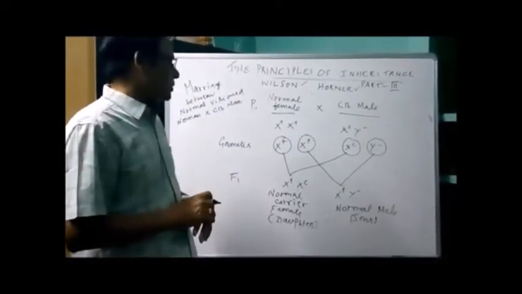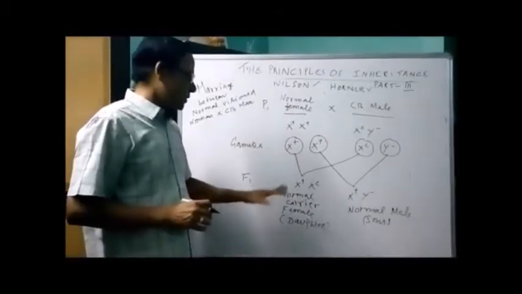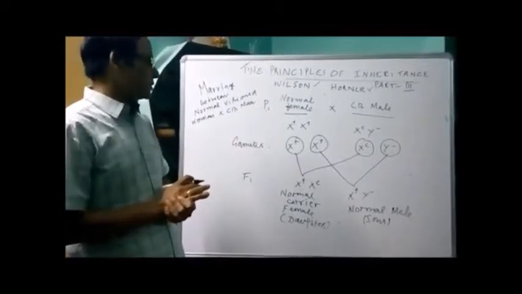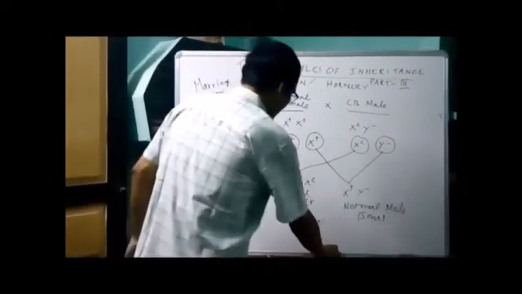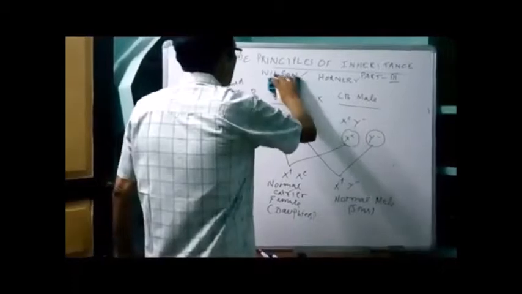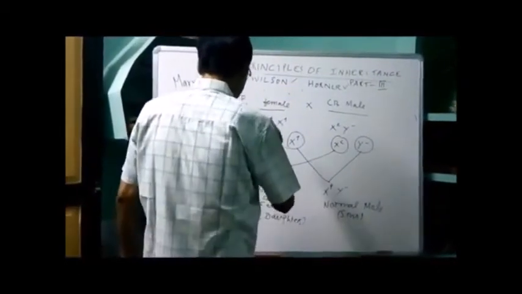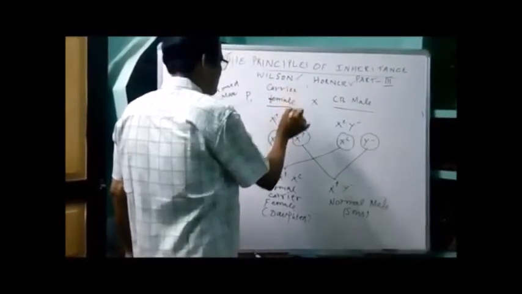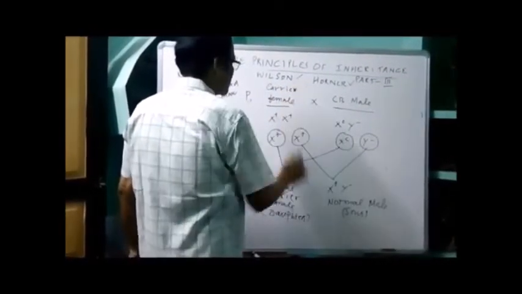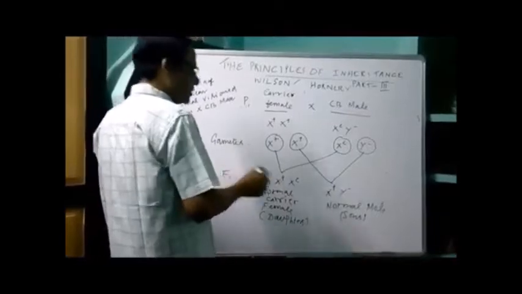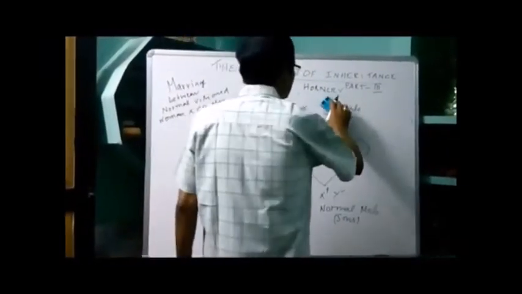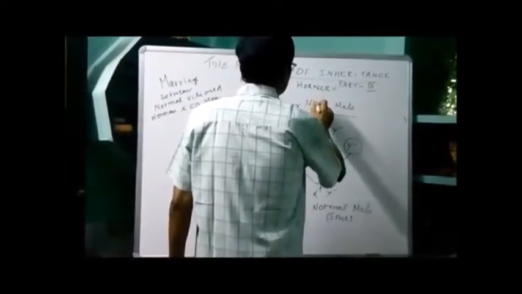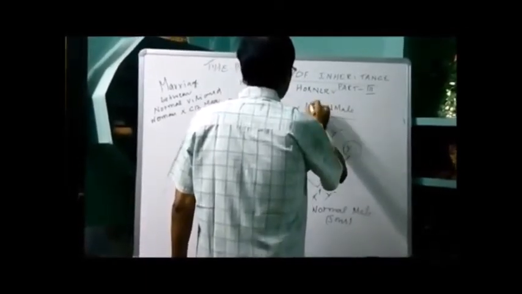Now we are getting what is called a carrier female and a normal male. Suppose a marriage occurs between a carrier female and a normal male, to get the F2 generation, the next generation.